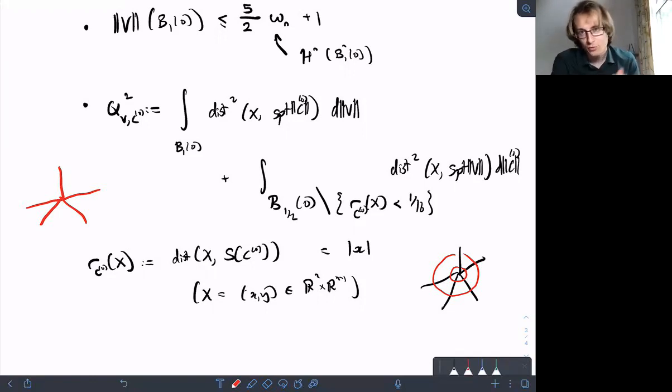So that would have small one-sided excess of V onto C, but it would have big excess from C onto V. So we include both parts to ensure that V is close to C and C is close to V. And we work on a slightly smaller ball for C because we want, in the end, to have some sort of interior control. We don't want to be working with the boundary. That becomes clear. It's a technicality that needs to be dealt with.